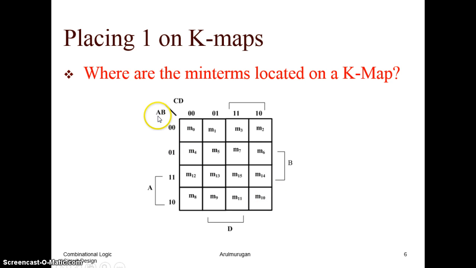AB are the input variables, and CD are the input variables. Here the first digit represents A and the second is B, and likewise the first represents C and the second digit represents D. You can see that the third and fourth columns are interchanged, and likewise the third and fourth rows are also interchanged. Now we plot the inputs into that map to reduce the Boolean expressions.